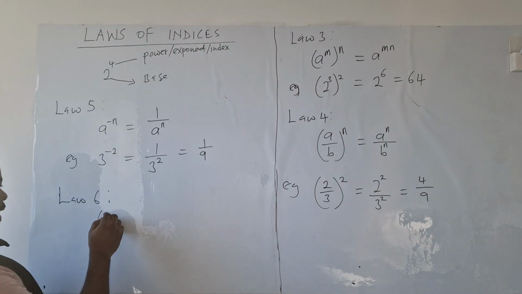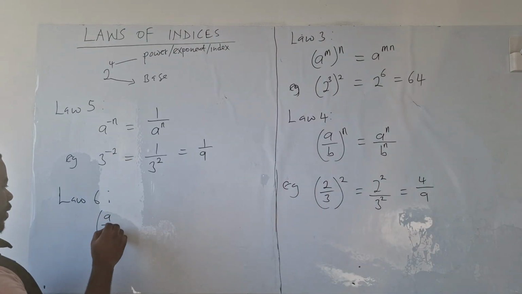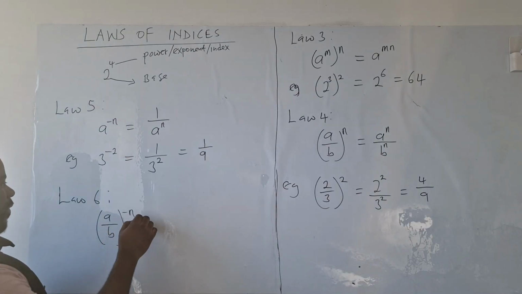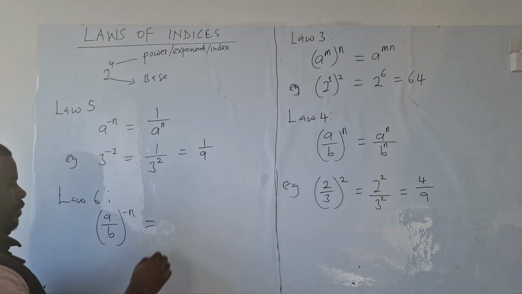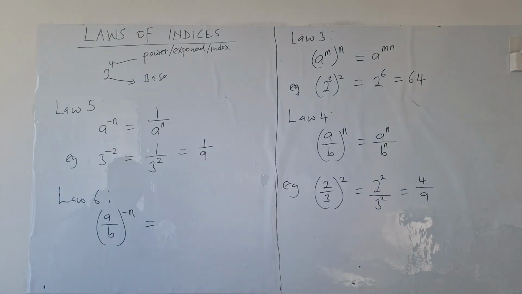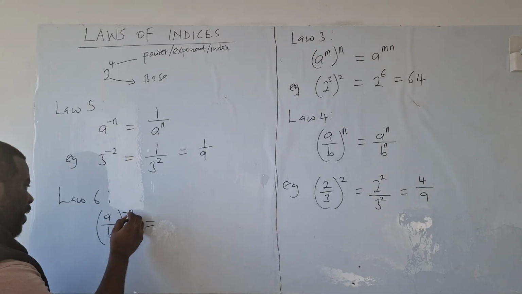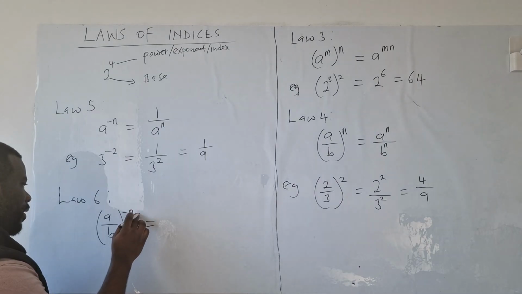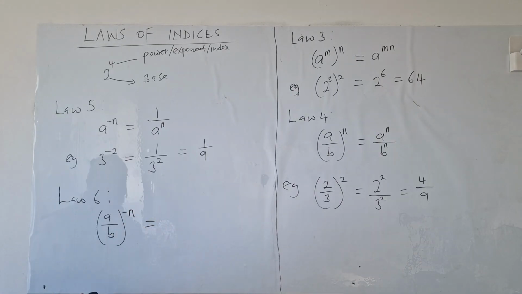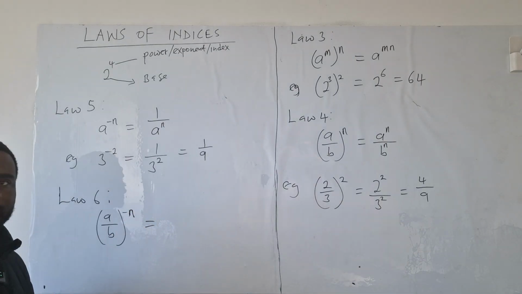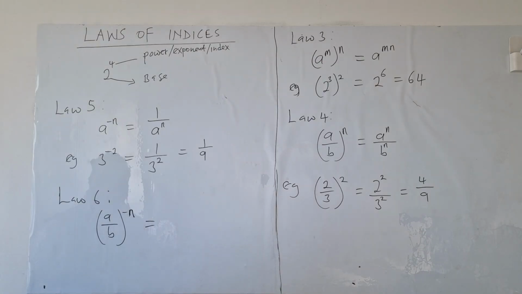So let's say I have a on b all raised to the power minus n. The negative power must be changed to positive power before we can deal with it.